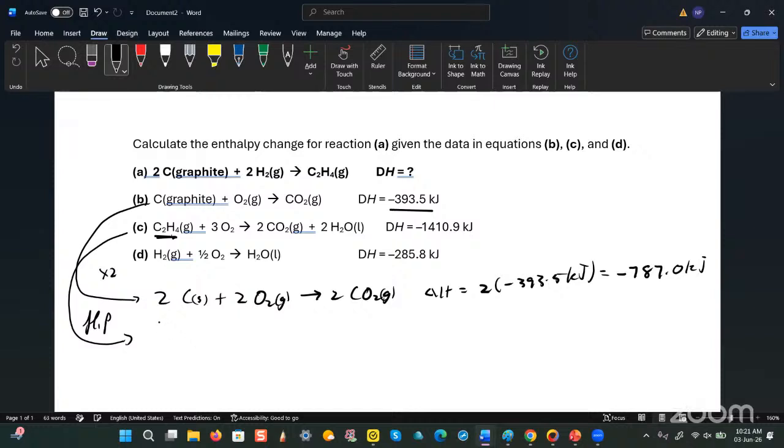To flip it, you're going to end up with 2 CO2 gas plus 2 H2O liquid to give C2H4 gas plus 3 O2 gas, and delta H now would be equal to the reverse, because remember, when you flip the equation, what happens to the sign of delta H?